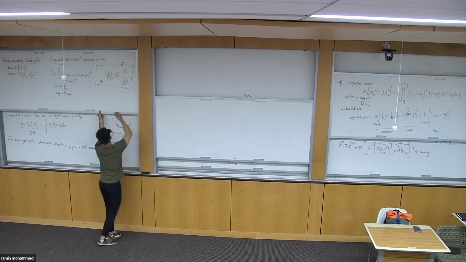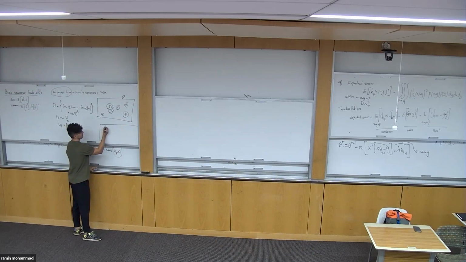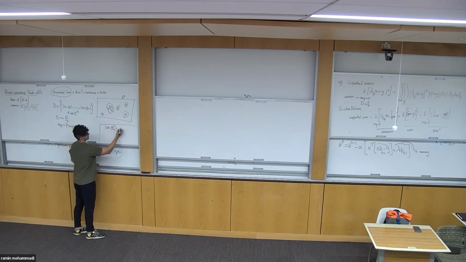Also, for the regularization, we already saw x theta minus y, norm 2, plus norm 2, plus norm 1, which is lasso.